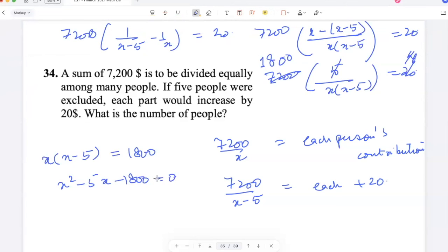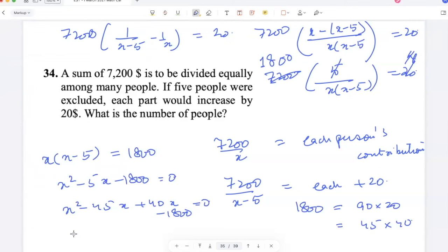Okay, so can I get 1,800? Let's see, 1,800 is 90 into 20. So 45 into 40. Yeah, so that gives me this. So X squared minus 45X plus 40X minus 1,800 is 0.